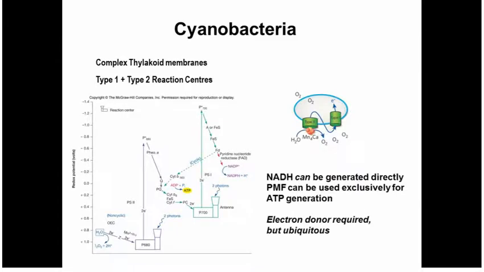Cyanobacteria, this is the same thing as happens in green plants. What is great about this is that you've got the association of type 1 and type 2 reaction centers, and this is what allows electrons to be extracted from water.